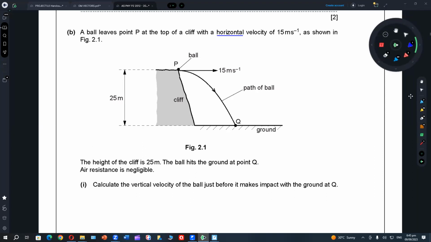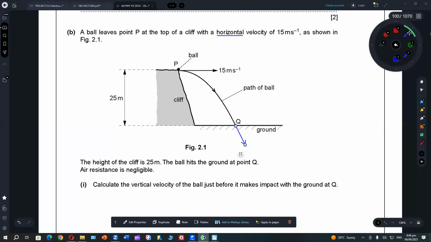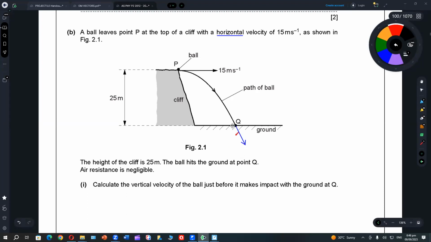Calculate the vertical velocity of the ball just before it makes impact with the ground. So let's make an impact of the ball with the ground. I have made the impact. And now I'm planning to show the components which the examiner wants me to see. Now this is one component.